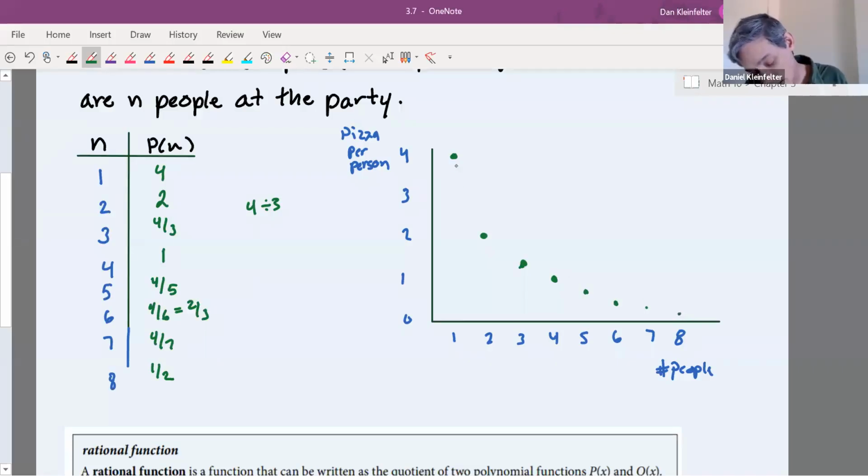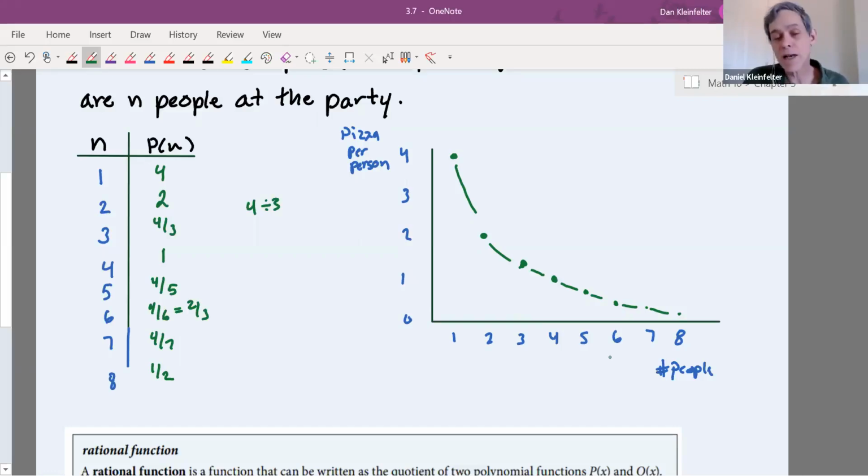It's off by a little bit, I think, especially near the end, but that's basically how this is going to go. And it makes sense, right? If we have an increasing number of people, we're going to have less pizza for each person. So the amount of pizza for each person is going down as the number of people attending the party increases.